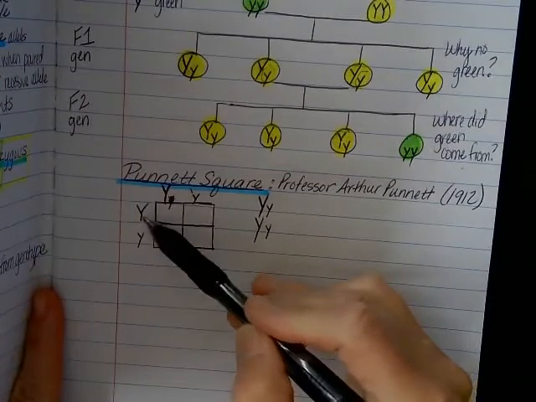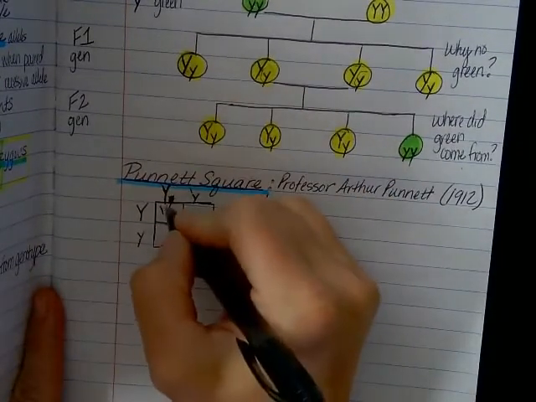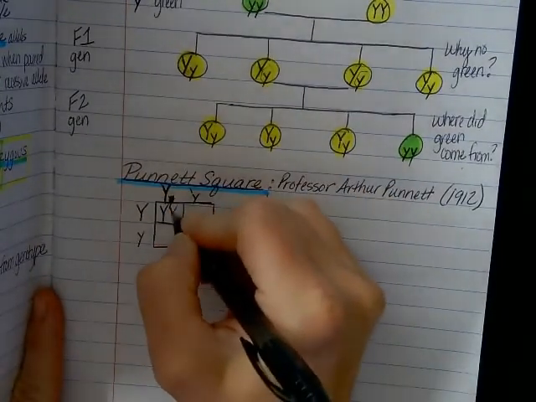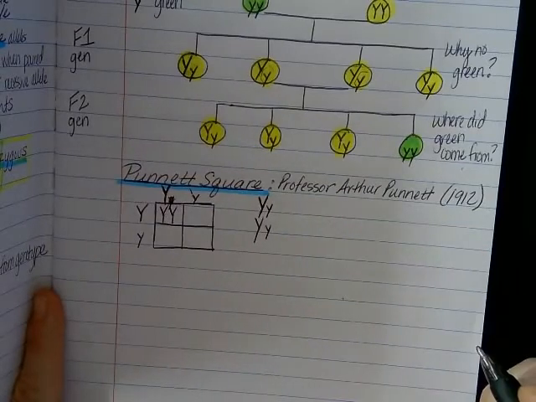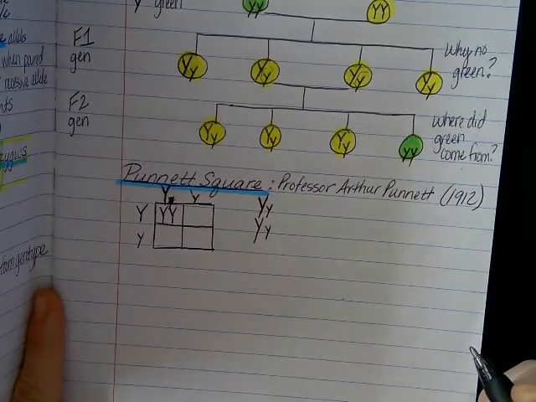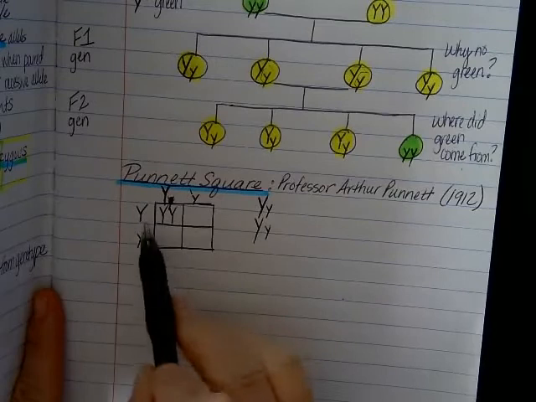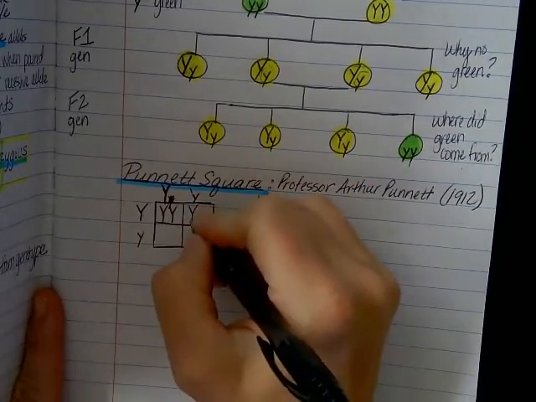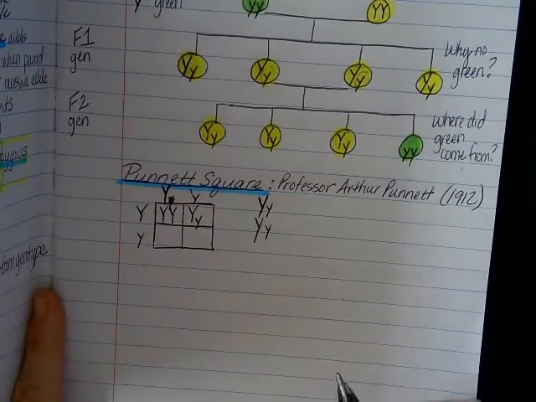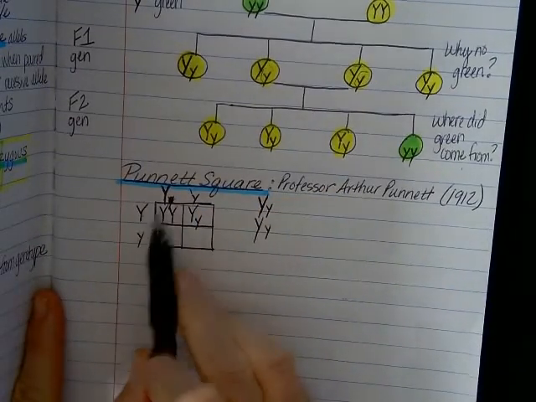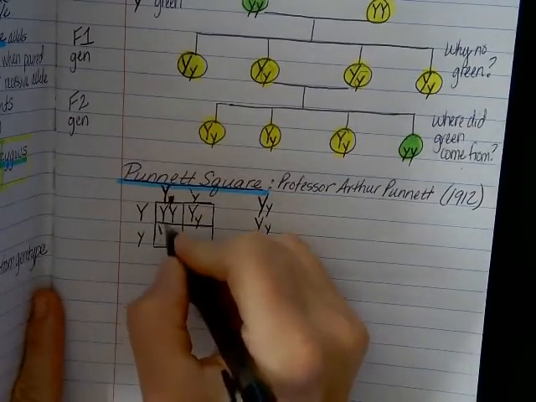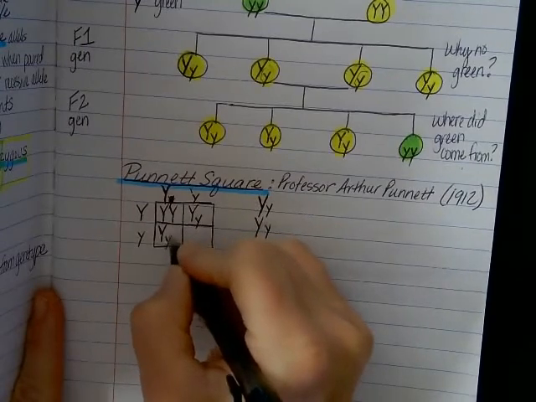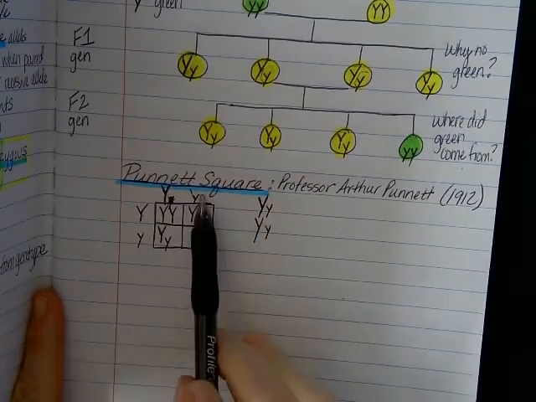So if I took the dominant and dominant, I would end up with 2 together, so we know that that would be yellow. And then the dominant and the recessive, then recessive and dominant, and then recessive, recessive.